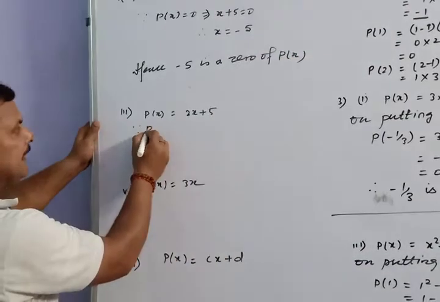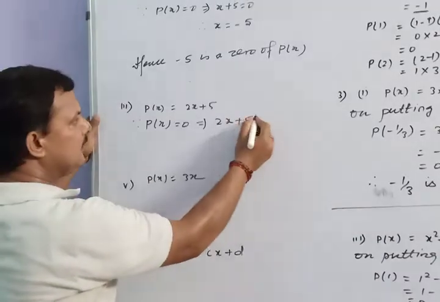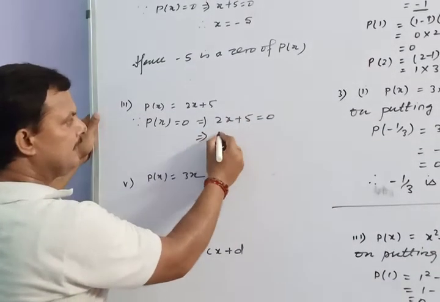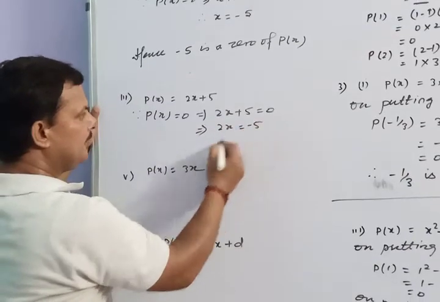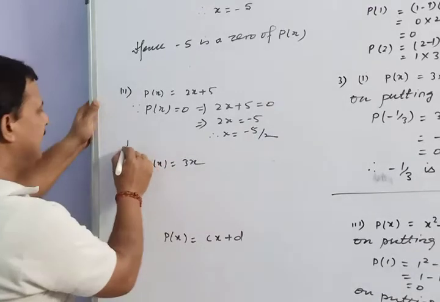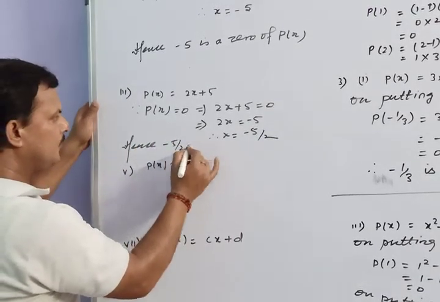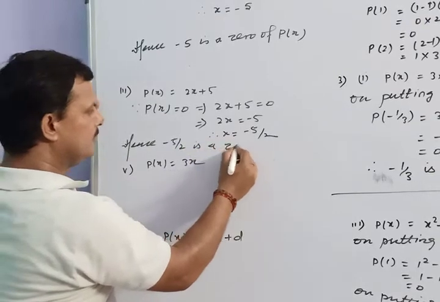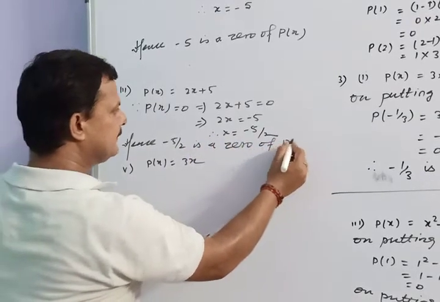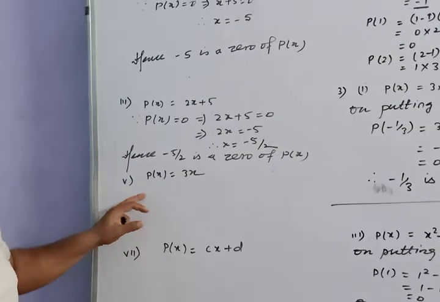Similarly, since p(x) is equal to 0, that implies 2x plus 5 is equal to 0. That implies 2x is equal to minus 5. Therefore, x is equal to minus 5 upon 2. Hence, minus 5 upon 2 is a zero of p(x). Similarly, you have to calculate the zero of this.